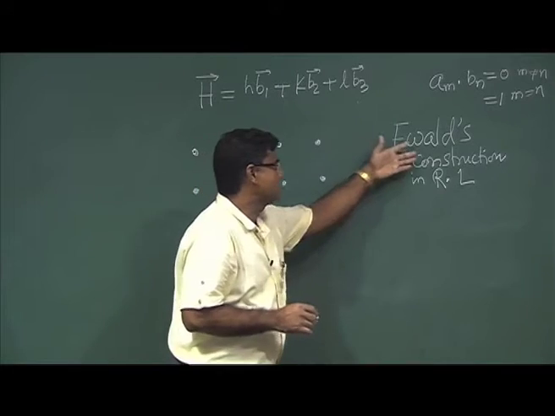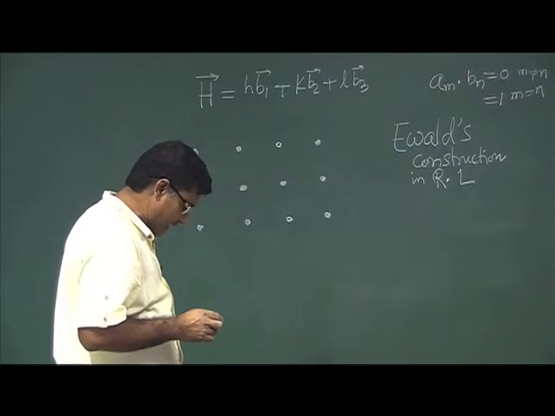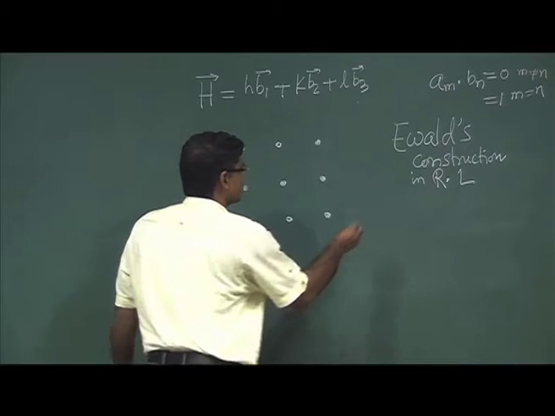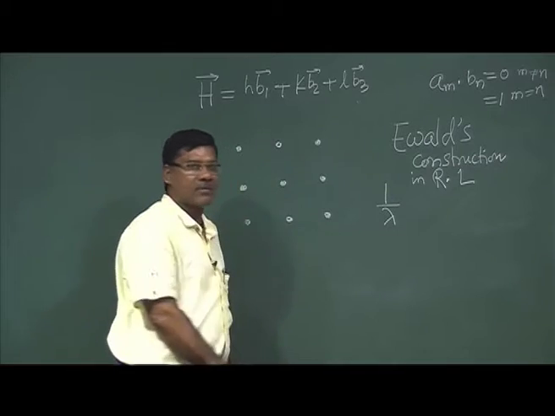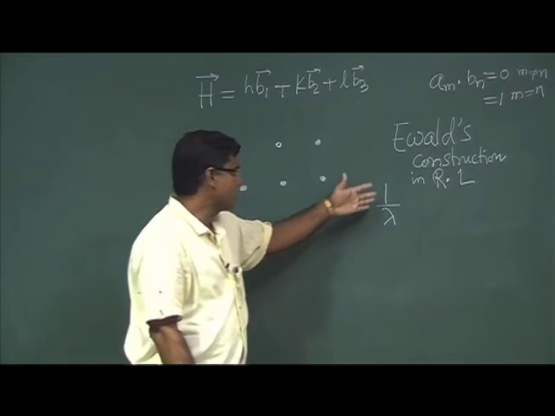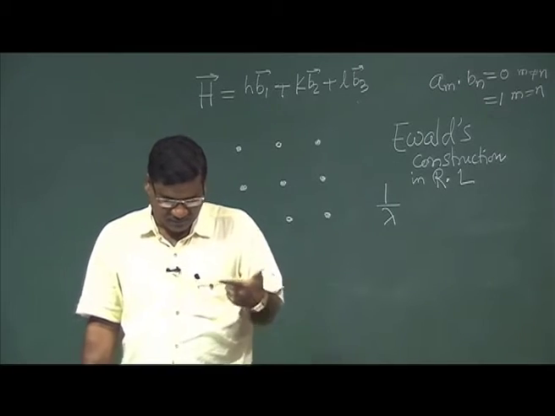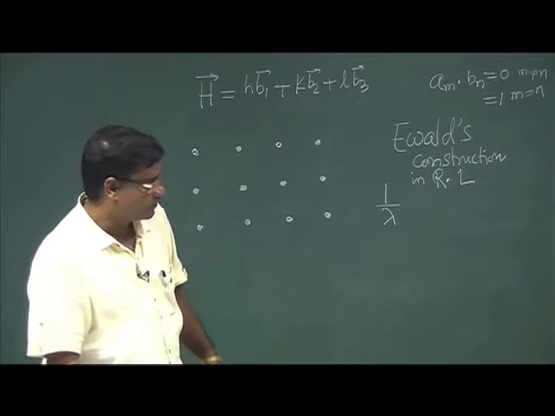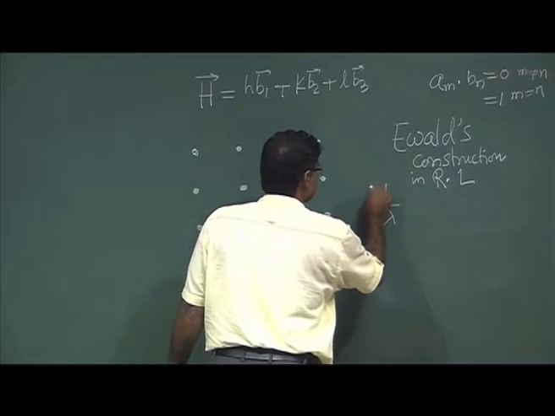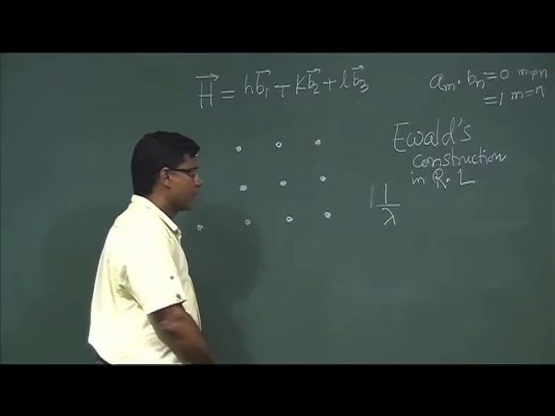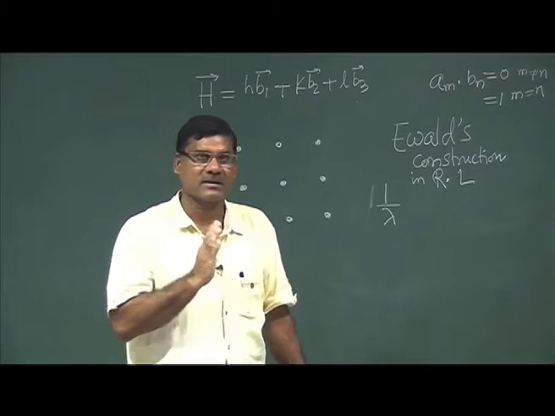So what Ewald did was take the magnitude of 1 by lambda, where the X-ray wavelength is lambda. Taking the inverse of the wavelength, you draw a line with this magnitude in the direction of the incident X-ray.